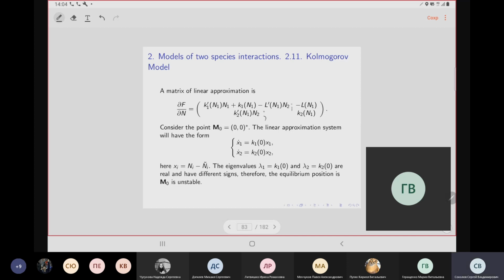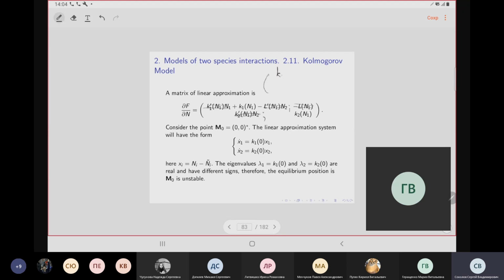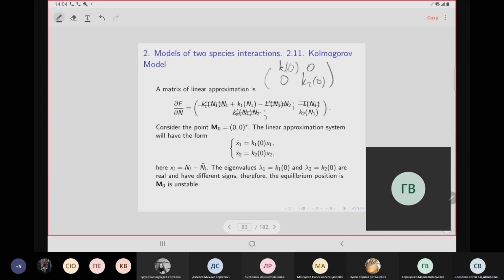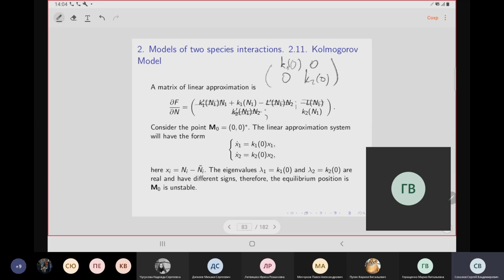So let us consider the point M0, 0, 0. N2 is 0, L of 0 is 0, N1 is 0. So our matrix will become K1 of 0, K2 of 0, a diagonal matrix with these diagonal elements.